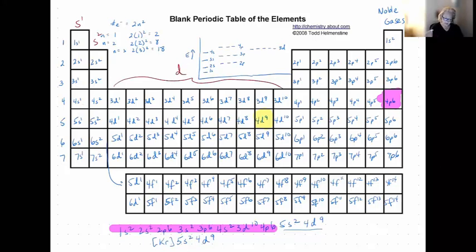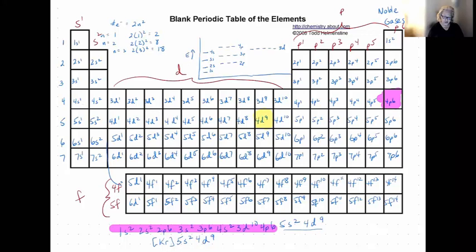I could label each one, but I'm not going to. And these here are the Ps, right? P1, P2, P3, P4, P5, and P6. And then down here, of course, are the Fs, right? And this is 4F, and this is 5F.